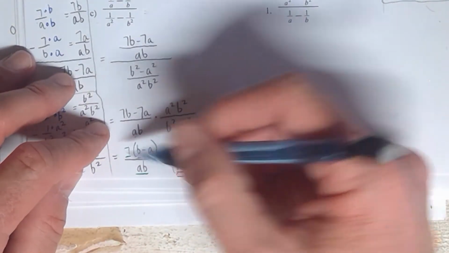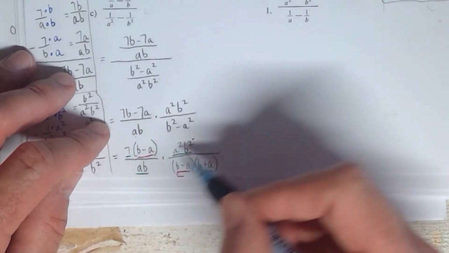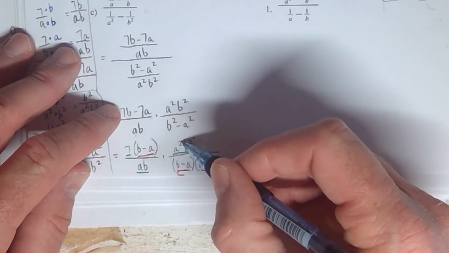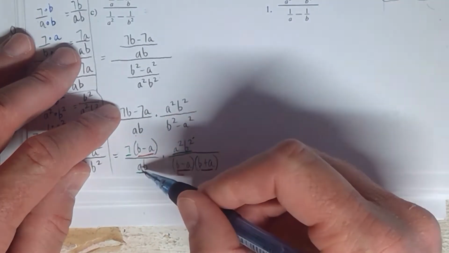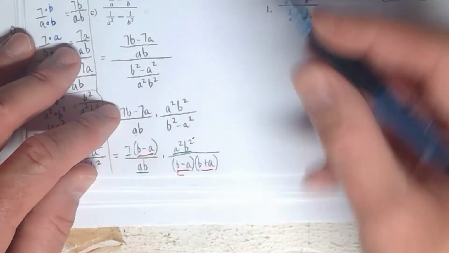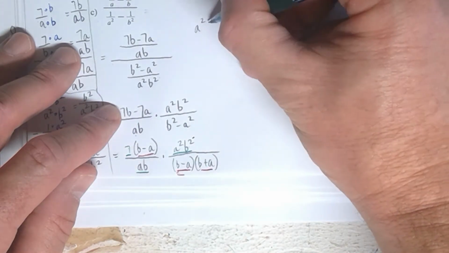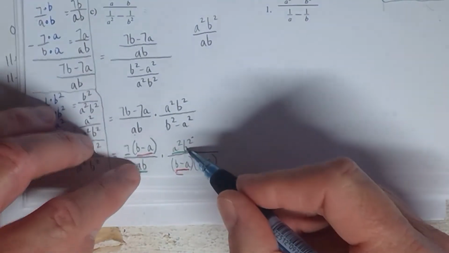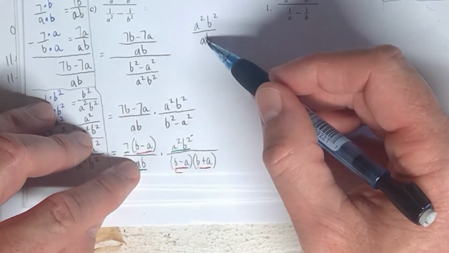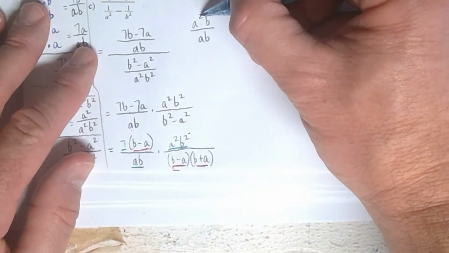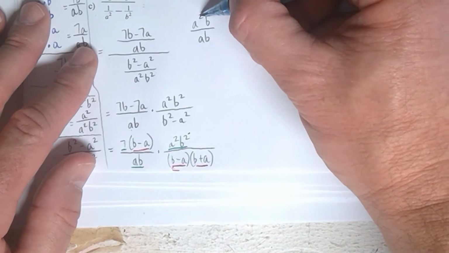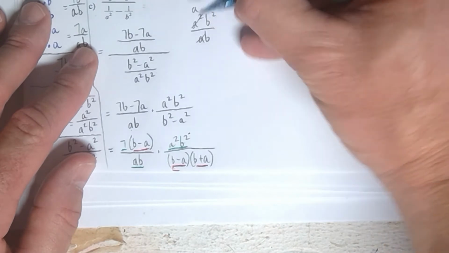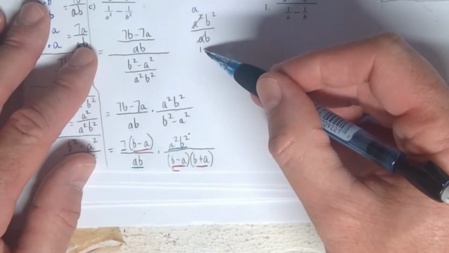7 and ab don't cancel at all, but these two do cancel. How do they cancel? When you have a squared and a to the first, the smaller exponent is a to the first. It's just like doing this separately, you guys. We picked out those 2 green ones right there. If we had done this separately, we would subtract 1 from both of these exponents, and that would give me a to the first over a to the 0, which is 1.